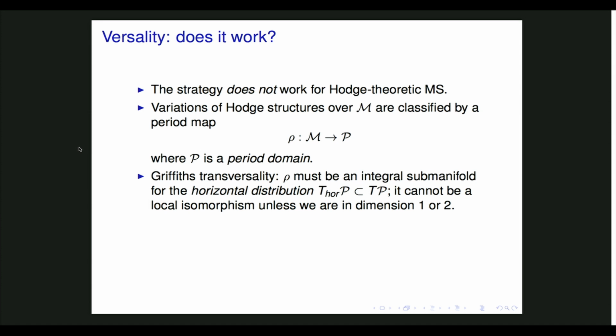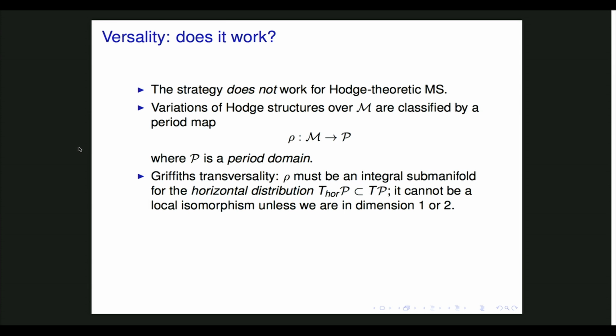So a variation of Hodge structures can be classified by a period map into some period domain. And Griffiths transversality says that the differential of this map has to lie inside some horizontal distribution in the tangent space of that period domain. And it can't be a local isomorphism unless we're in dimension 1 or 2.